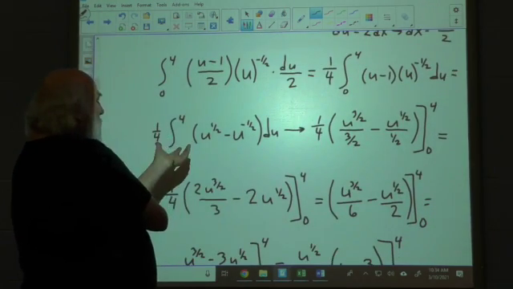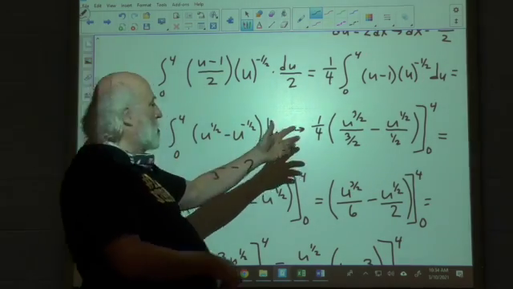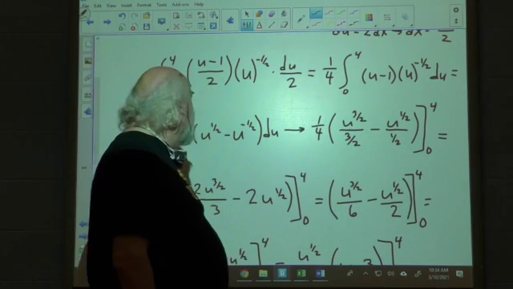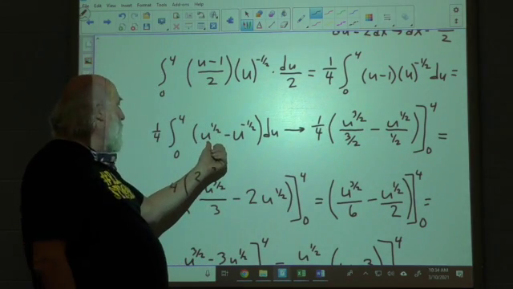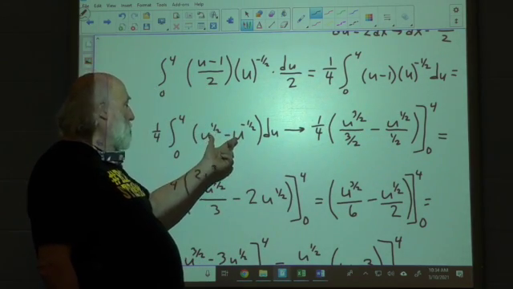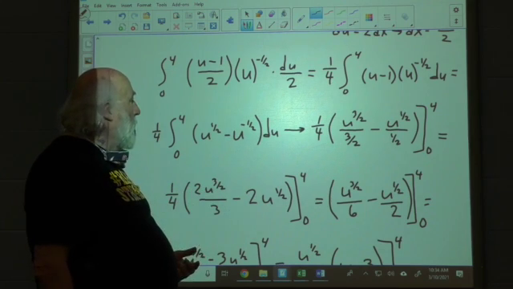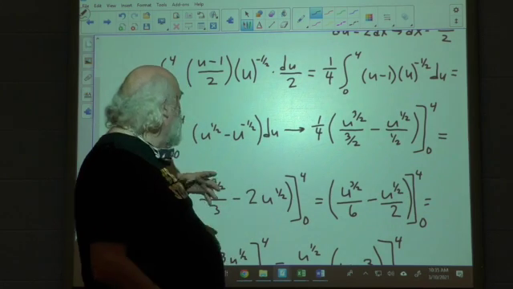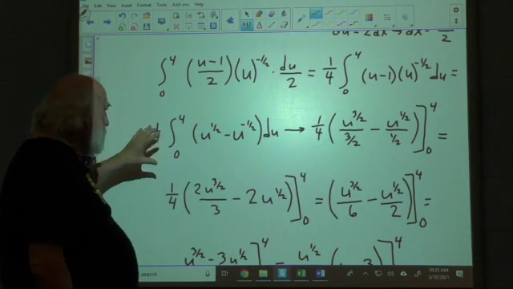So we have 1/4 in, and then what I'm going to do here is distribute this u to the negative 1/2 across here, and it gives us u to the 1/2 minus u to the negative 1/2 du. And then we are going to start integrating from 0 to 4 for this.